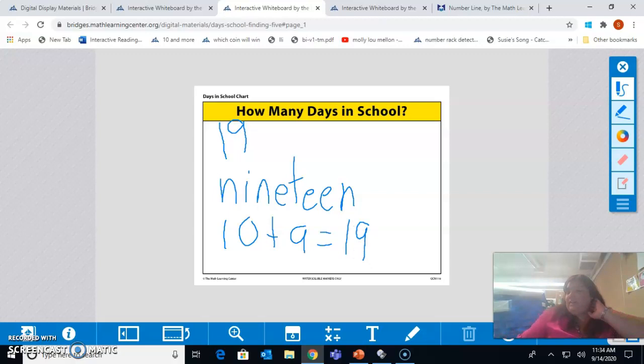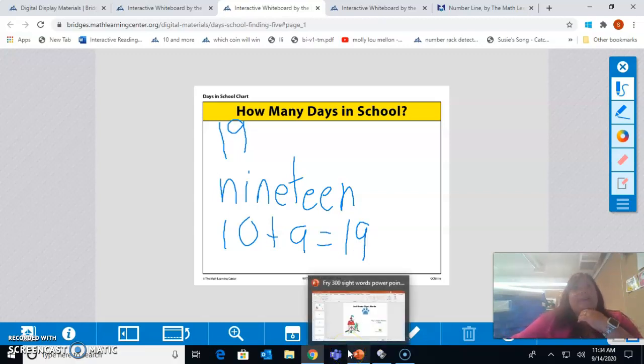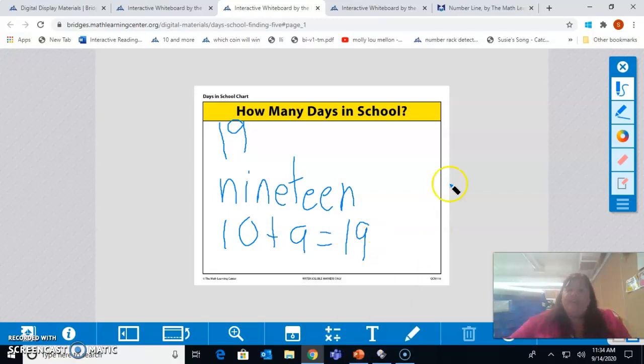How else can you make 19? You could absolutely do 19 tally marks. Lots of things you can do. Remember, if you ever need to stop because it's going too fast, just pause the video and finish your work. Okay, there's 19 days of school so far. 19 days smarter. Okay, good job, friends.